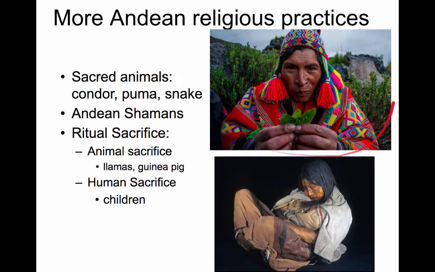But yeah, Andean shamans use lots of different herbs. Towards the jungles, they used ayahuasca, which is a far more intense hallucinogen to do certain religious practices. But they're still very, very prominent today in their work.